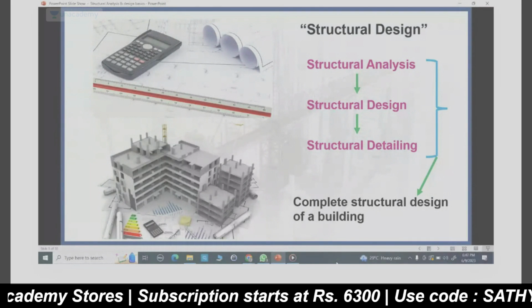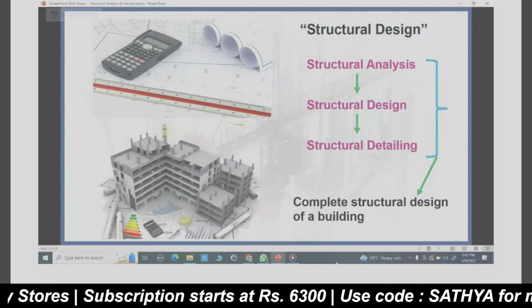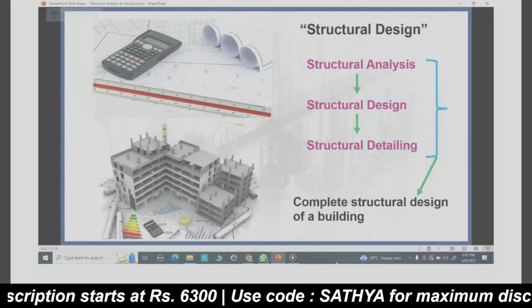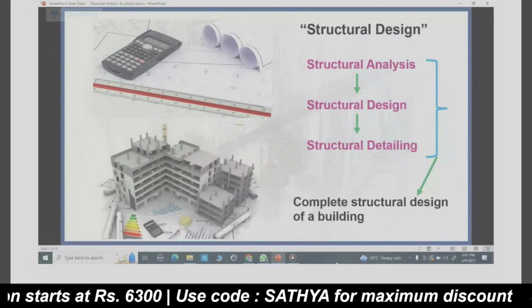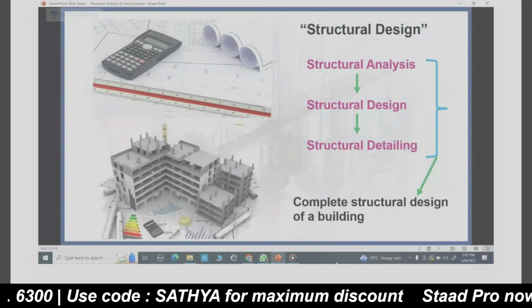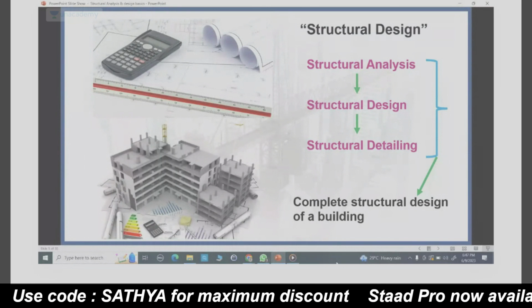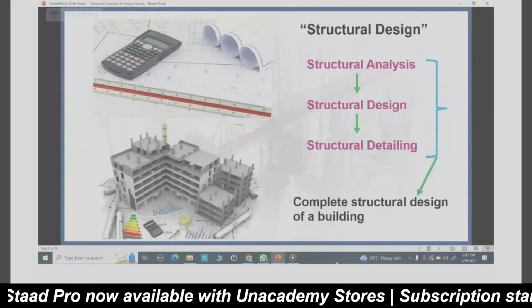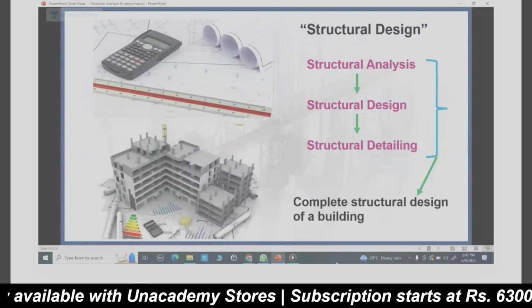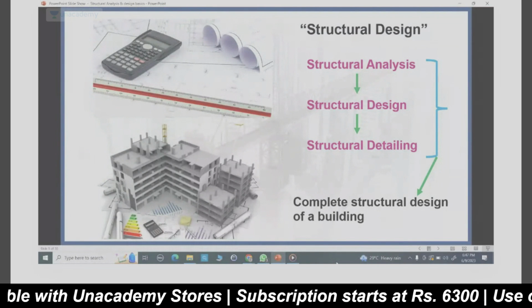So everything will be on paper, in the form of drawing. So that is also very important. You must know how to read structural drawing and architectural drawing, so that you can execute the work, whether it is a structural design or execution of construction of the building. So for that execution of the total work, you need to understand the drawings clearly.